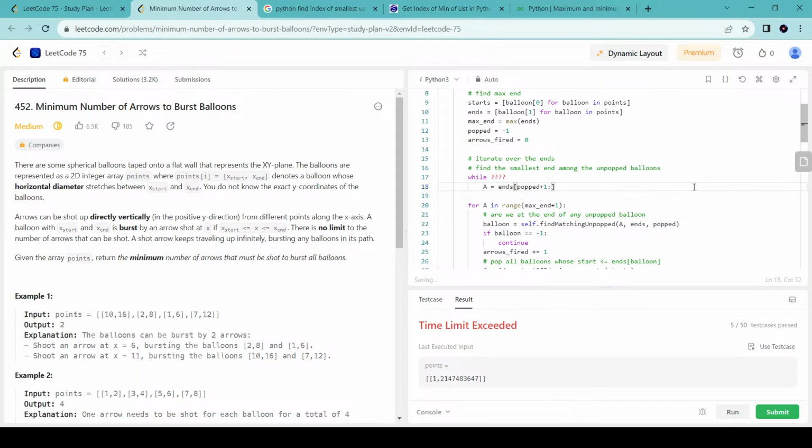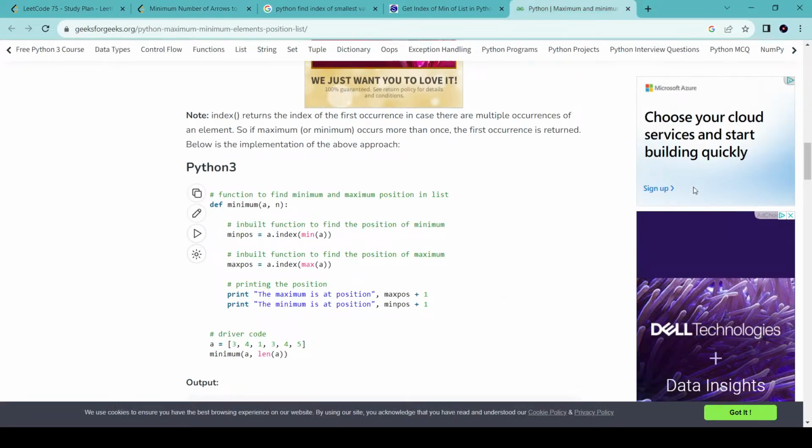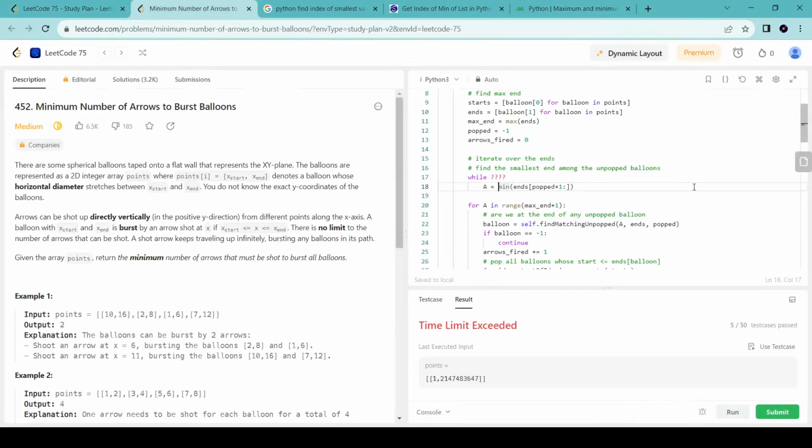So we're not going to start at the beginning of ends, we're going to start from everything that's popped. And we're going to say min of this, and give us actually the first index. This is really what we want. Not that it matters very much.